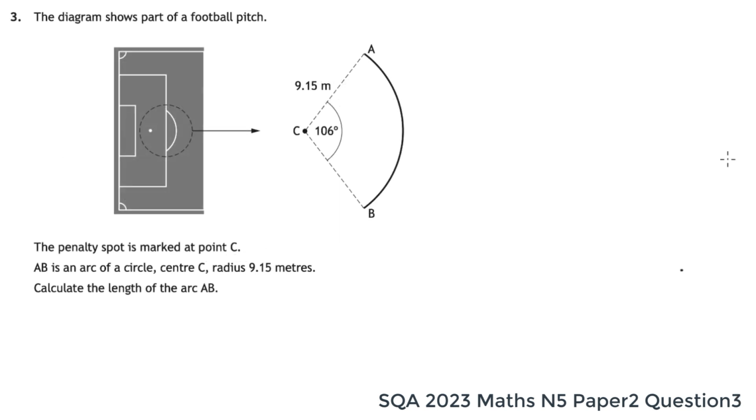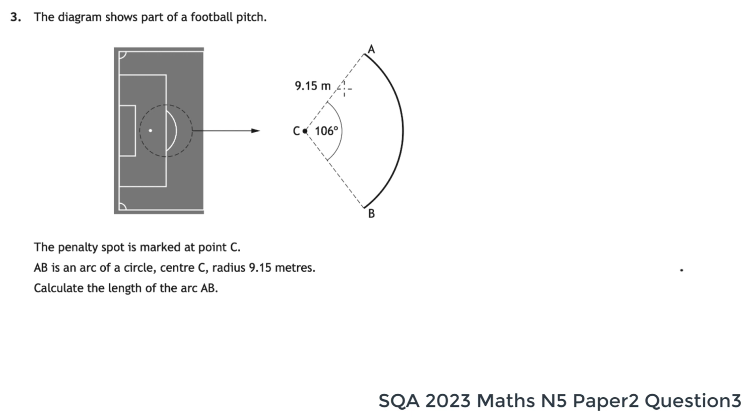So here's question 3, where we're given part of a football pitch diagram. And here's the penalty spot, C, and there's an arc of a circle, and the circle has centre C. We're told its radius is 9.15 metres, and that the angle at the centre of that circle is 106 degrees, the one that goes with this arc AB.